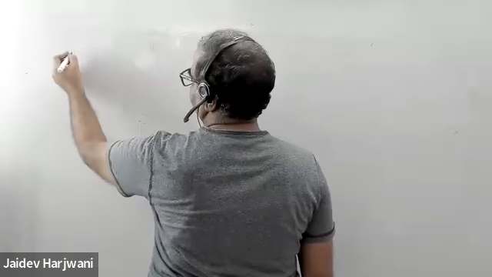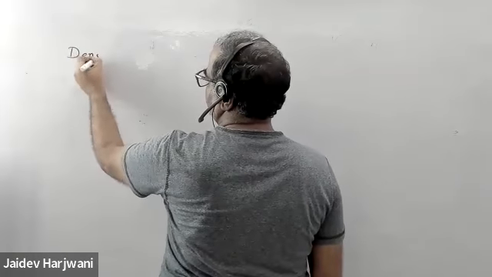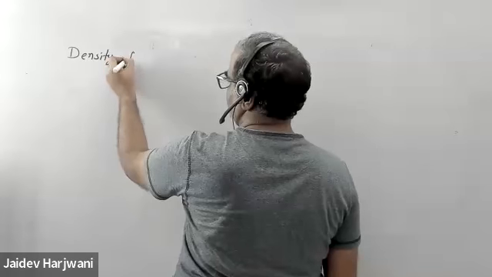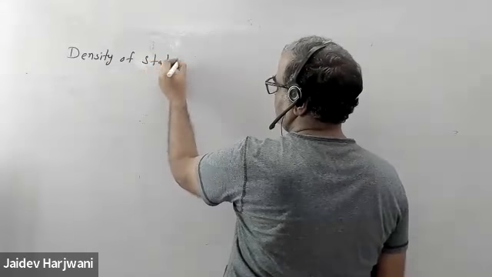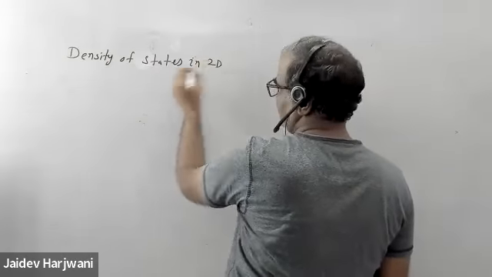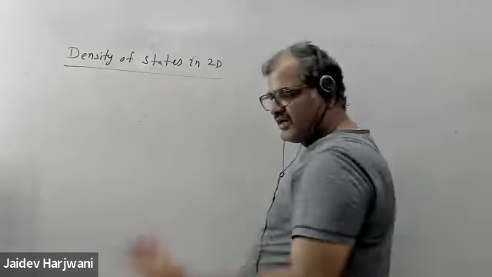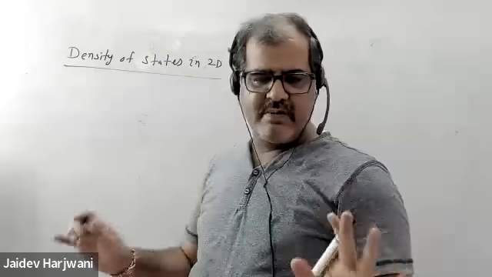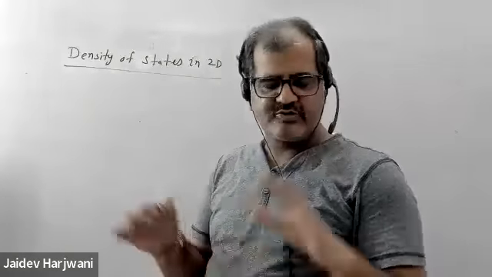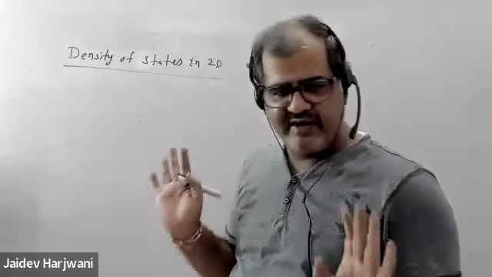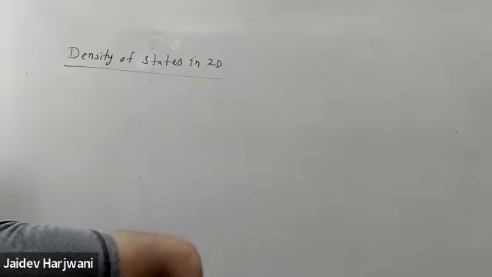It's very simple. You just have to remember the volume of the unit cell is 2 pi by L cube in 3D, 2 pi by L square in 2D, 2 pi by L in 1D. That's it. The density of states is very simple.